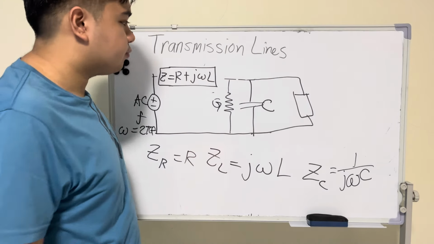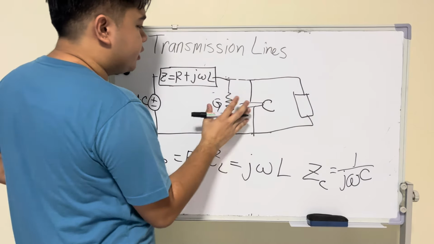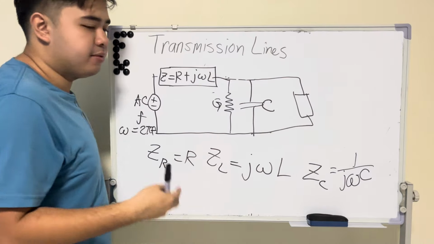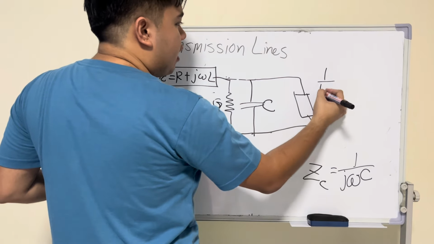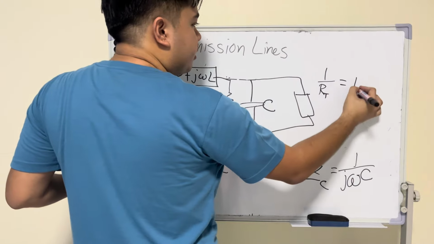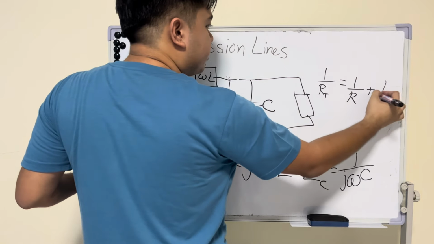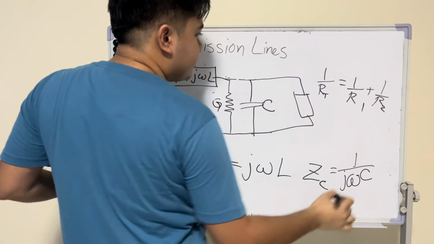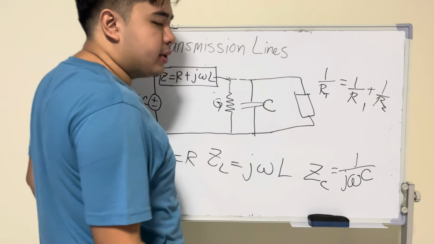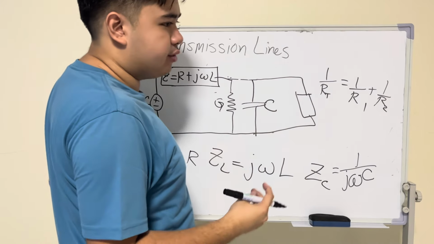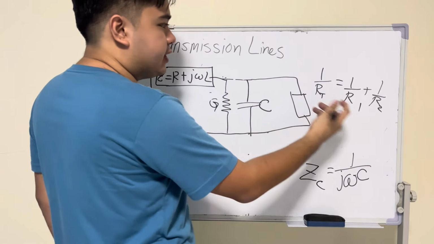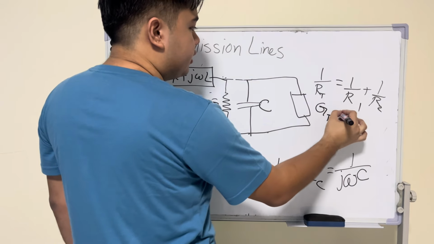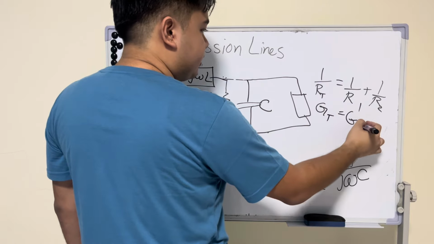Now, this is a bit trickier because it is in parallel, and we know resistances in parallel: 1 over RT equals 1 over R1 plus 1 over R2, and so on. That's going to be a bit difficult, but we can use the reciprocal versions of it. The reciprocal of resistance is conductance G, so we can just add conductances together.